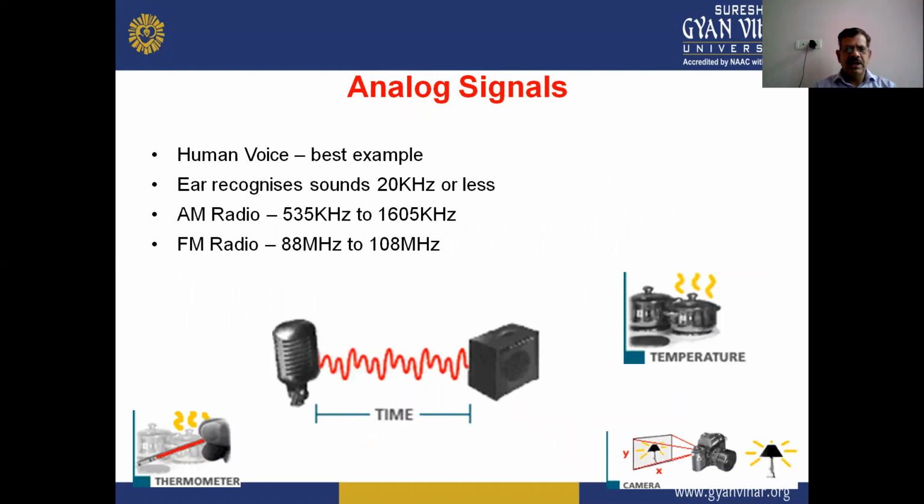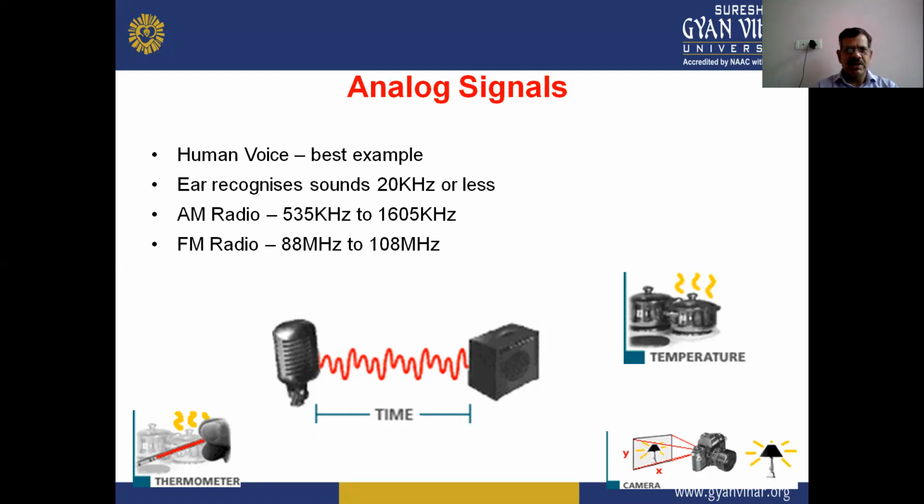The next examples are analog signals, such as the human voice. That is the best example of an analog signal. And second, the ear recognizes sounds of 20 kilohertz or less. The next examples of analog signals are AM radio and FM radio.